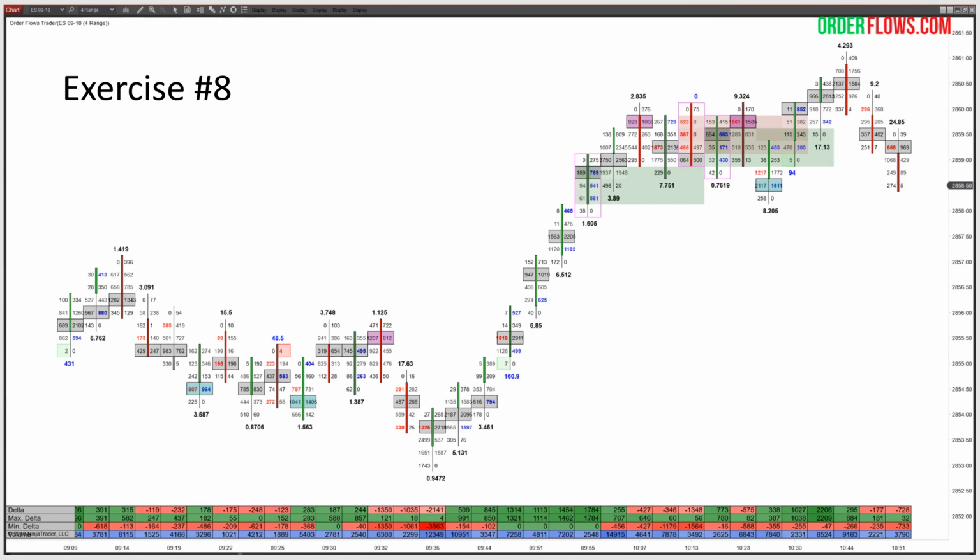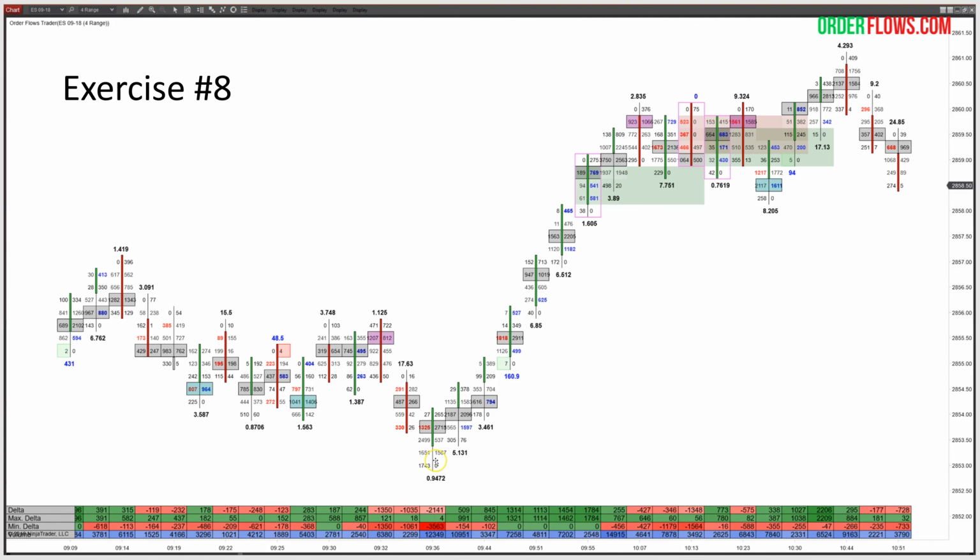Okay, exercise number 8. Just take a look at the chart, and then we'll discuss what we're seeing here. Okay, you should see down here you got the strong negative deltas, minus 1350, minus 1035, then minus 2141.